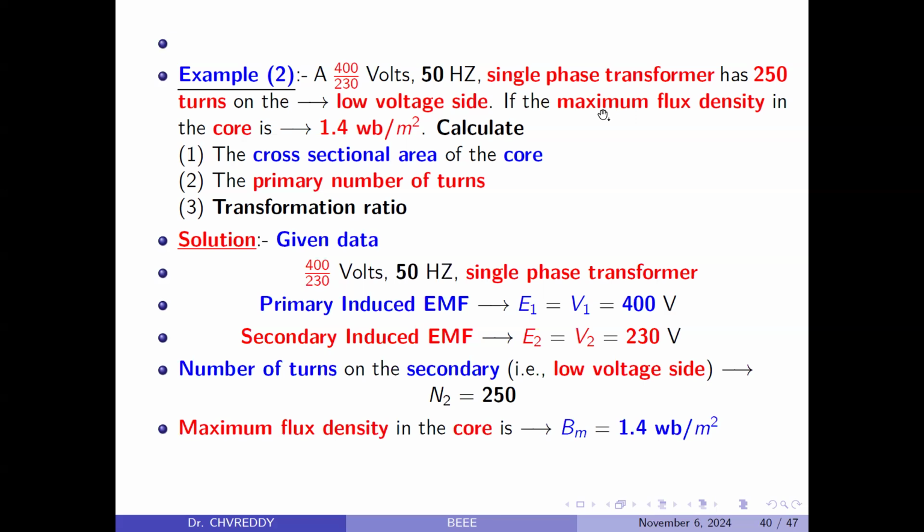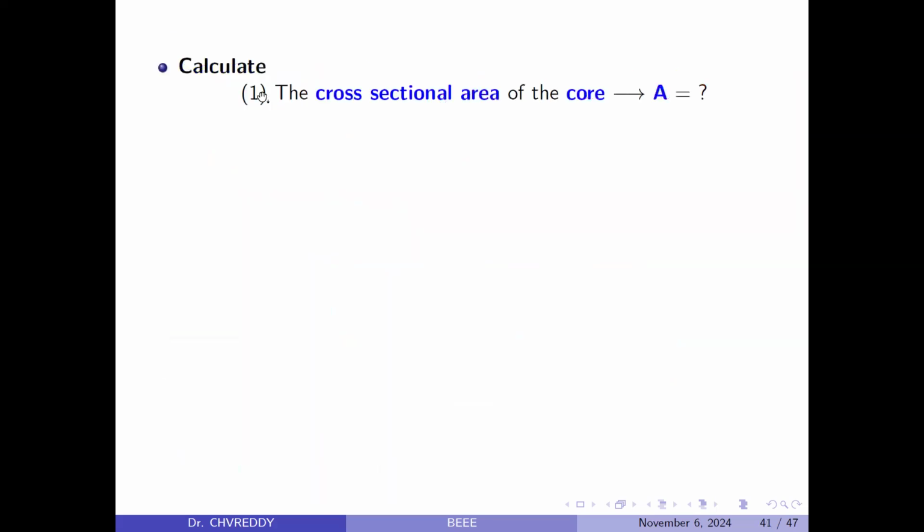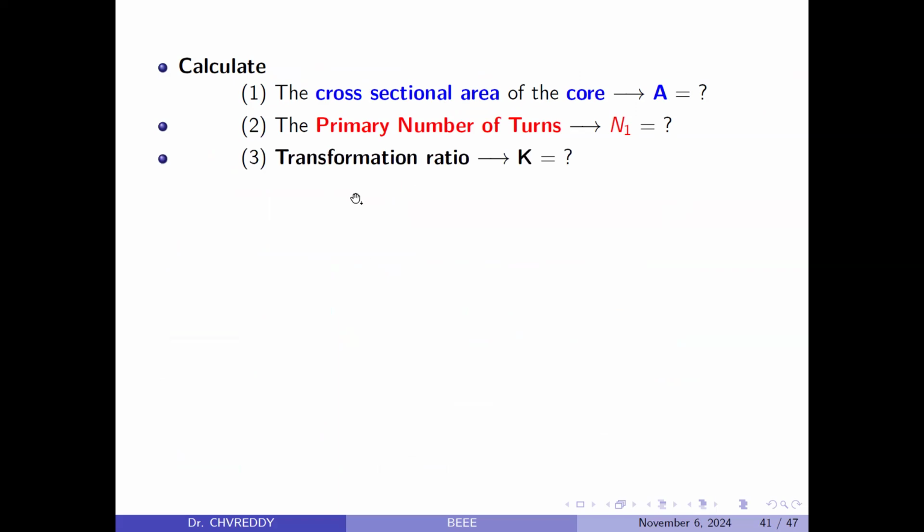Now they given maximum flux density in the core, that is Bm equal to 1.4 Weber per meter square. They're asking to calculate the cross-sectional area of the core A equal to question mark, the second one the primary number of turns N1 equal to question mark, and third one the transformation ratio K equal to question mark.